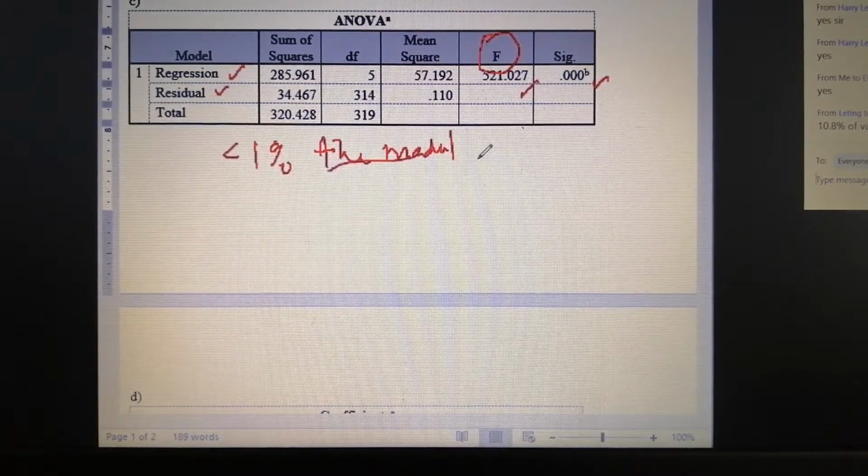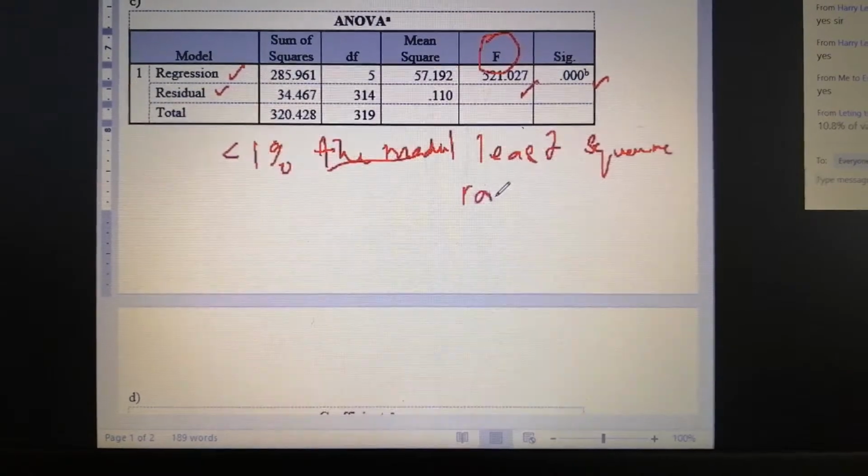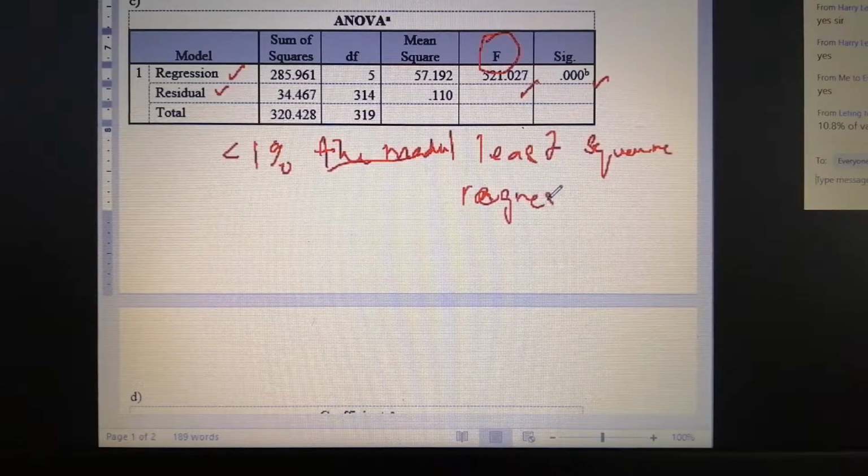So we can say that the model is actually a least square regression line. Or you can put it this way, the model is a least square regression line.